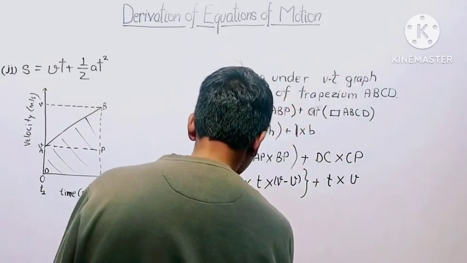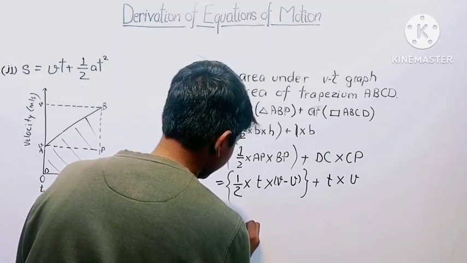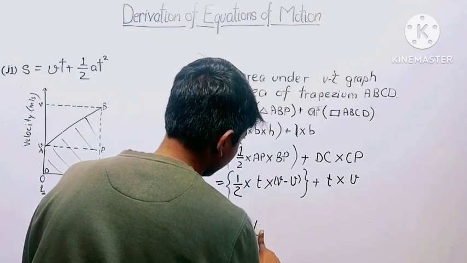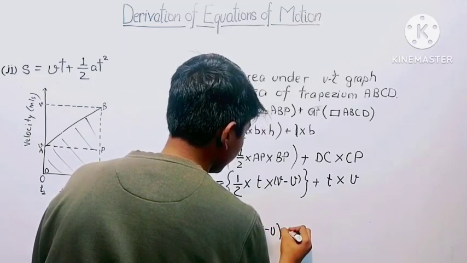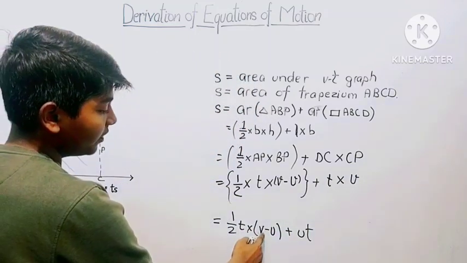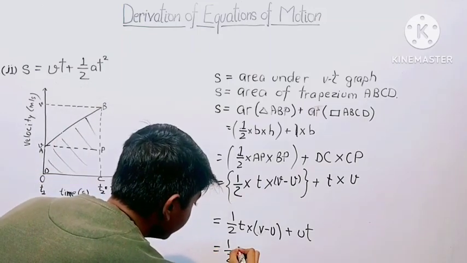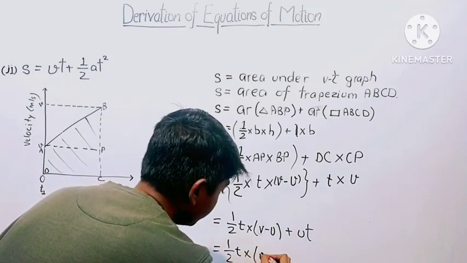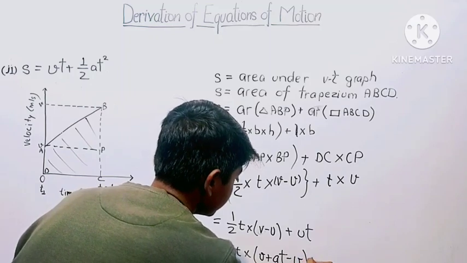Now we will have half t into V minus U plus ut. So from the first equation of motion, V is equal to U plus AT. Then we will have half t into (U plus AT minus U) plus ut.